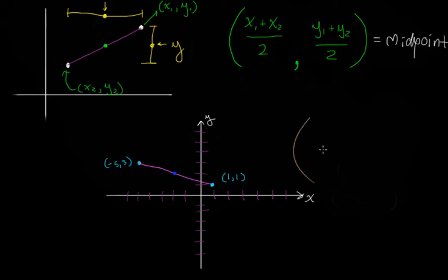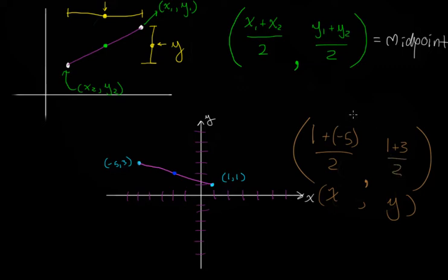Remember, this is always your x, this is always your y in a rectangular coordinate plane. So we'll start with x. We'll do the x's added together, so 1 plus negative 5 divided by 2, and we'll do the y's, 1 plus 3 divided by 2.